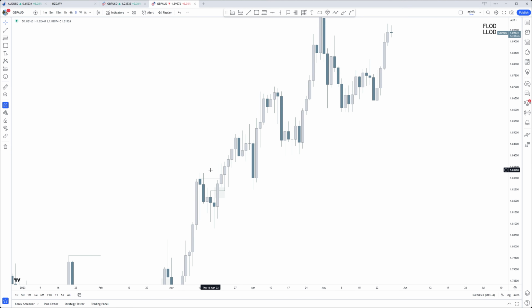We see two discount arrays overlapping with each other. And that is what I'm trying to tell you. That is what makes it so strong. Now, what is your last line of defense right here? That right there. That is your last line of defense. This low shouldn't get invalidated.